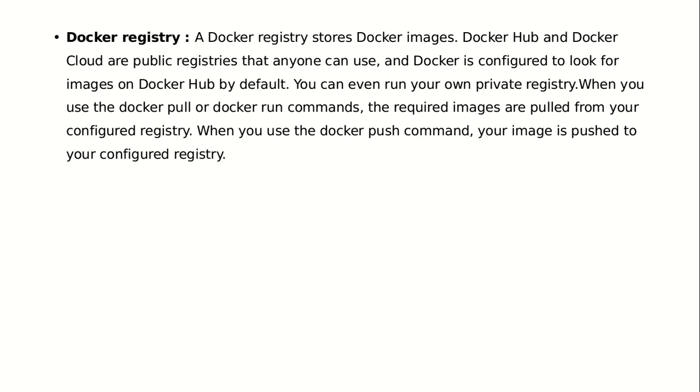You also have the option of running your own private registry. When you run commands such as Docker pull or Docker run, the required image can be pulled from your configured registry. And likewise, when you push images, you can push them to your configured registry. But if you're not using private registries, by default, all the push and pull will be on Docker Hub.